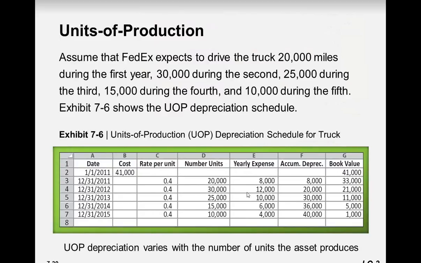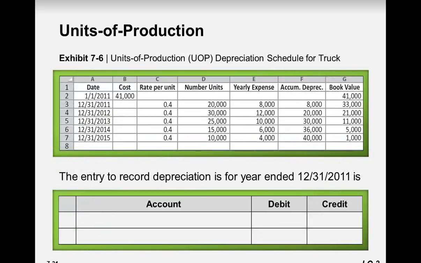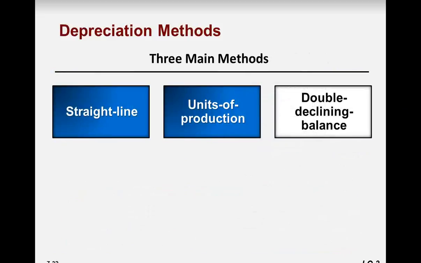As you can see, we just keep the rate per unit constant and multiply it times the number of miles we actually drove to get our depreciation. We brought in our depreciation schedule. Remember, our residual value was said to be $1,000. This will end up at $1,000. Just the journal entry real quick.